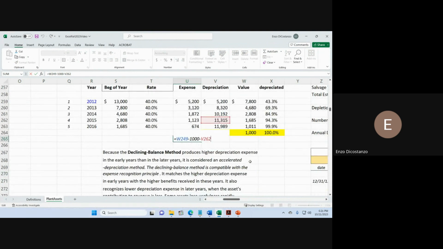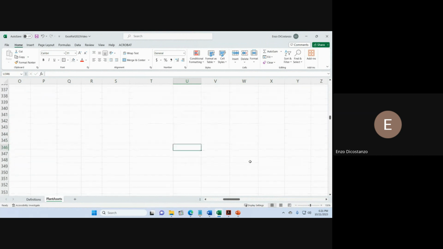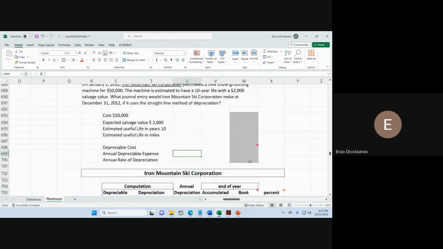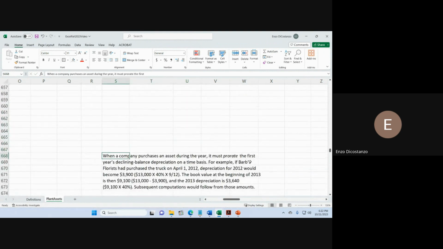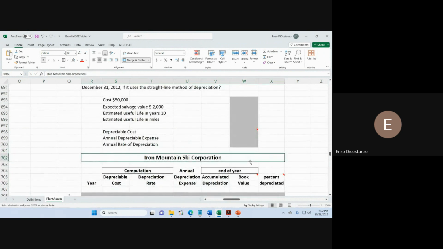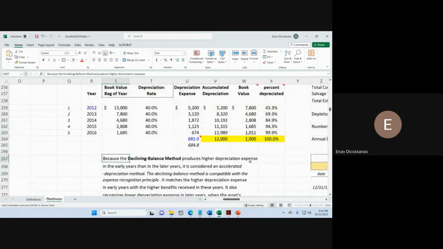It's up there somewhere, but I just typed it in. And then minus the depreciation to the next of the last year. And that gave us that 685 that we're looking for. So sometimes you have to work with these a little bit. Yeah, there's another prorated version of this. I think that'll be it for today.